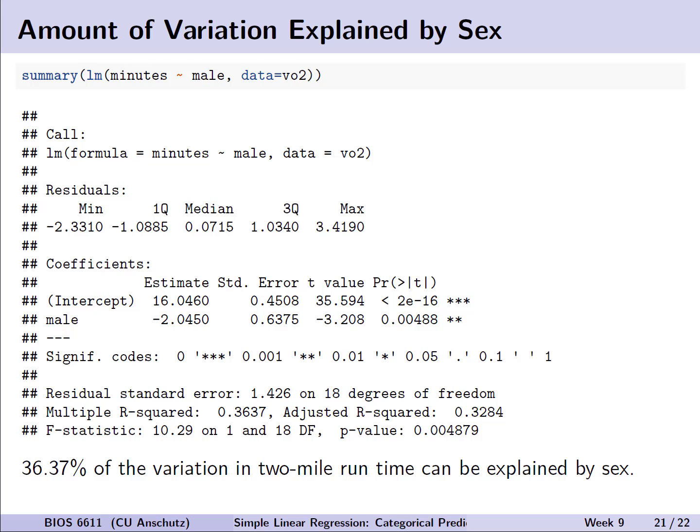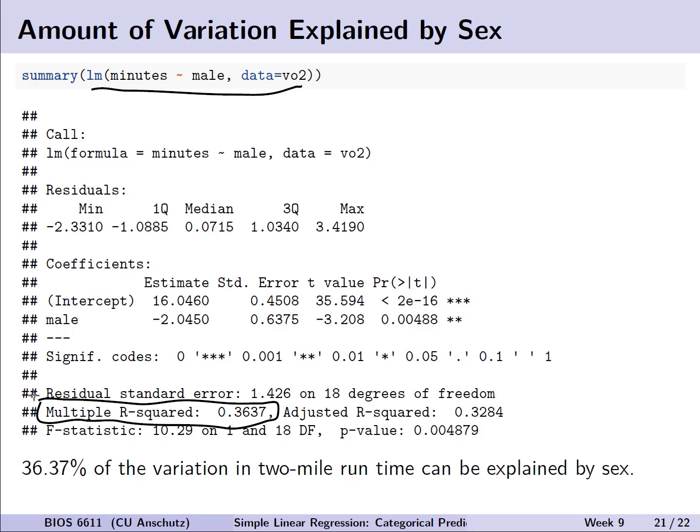Another question we may wish to describe is the amount of variation explained by sex in that association of time it takes to run the 2-mile. Here it actually is easier or more direct to fit with the LM function, our regression, and look at the summary because it provides that coefficient of determination summary in its output automatically, which the GLM function does not.